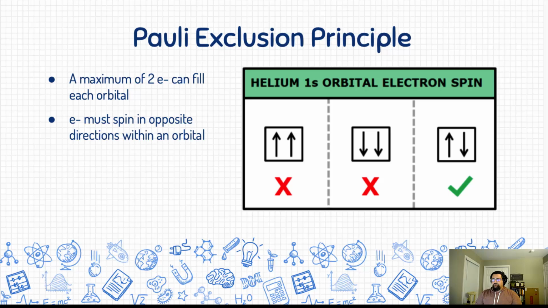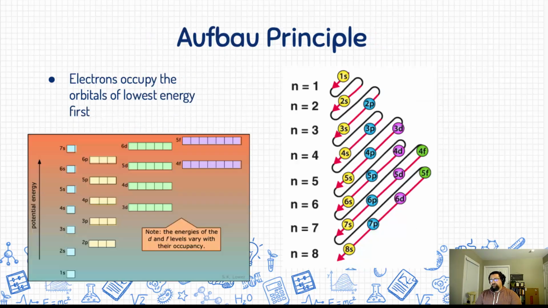So what this means is if we go back to that Aufbau principle and our chart, each one of these squares is capable of holding 2 electrons, one spinning up and one spinning down. Each of these squares, so the 1s can hold 2 total electrons. The 2s can hold 2 total electrons.